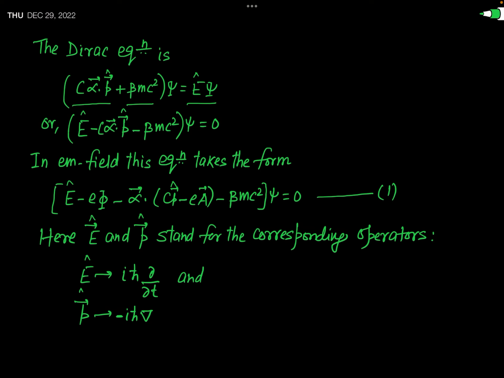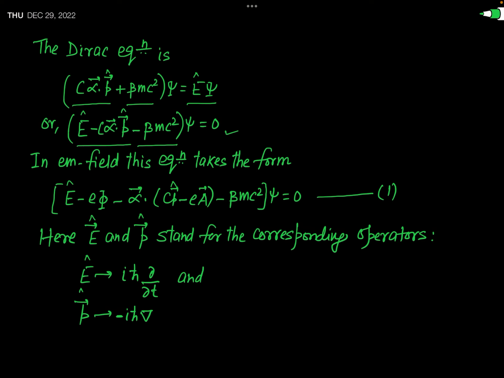I am not pronouncing that hat. But this expression can also be written like this: E minus c alpha dot P minus beta mc squared, acting on psi, equals 0. Simply we take the terms on the LHS to the RHS, and then this equation results.